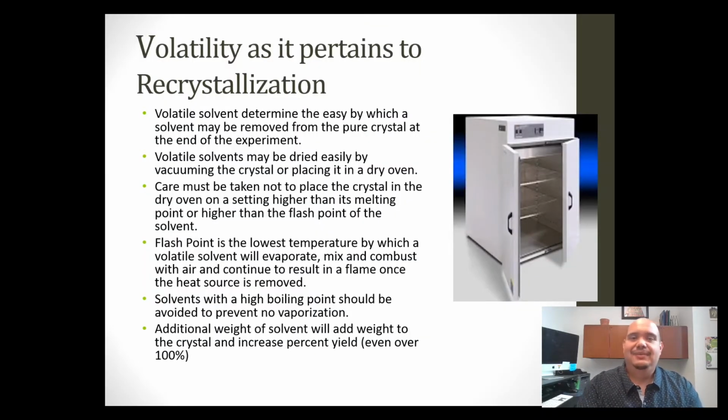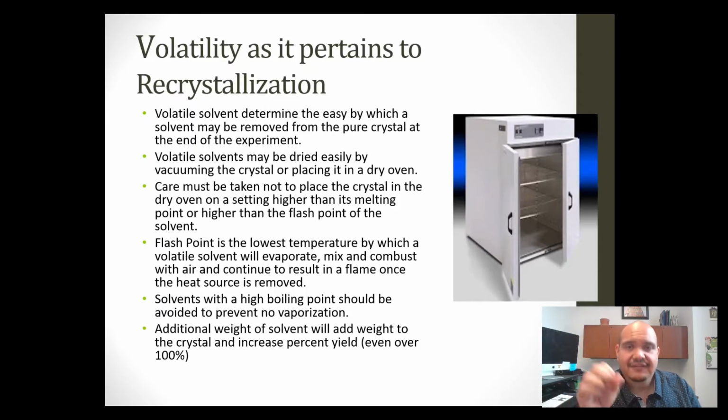Volatility as it pertains to recrystallization. We already talked about this, just to bring your attention to this little apparatus on the right. That is actually a dry oven. A dry oven is used to bake solvents out of a crystal. So if you have a solvent like ethanol and you saturate your solute with it, you vacuum that away, and hopefully all that ethanol dries out.